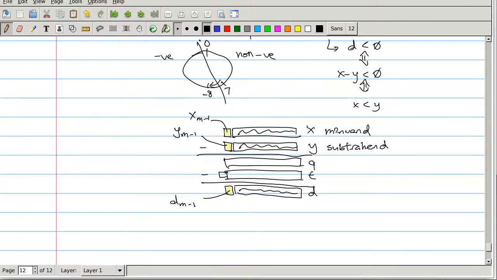So I'm now saying that looking at these bits, I can now determine whether x is less than y. Really? Even when sometimes we have overflow, we can still do that? Well, the answer is yes.